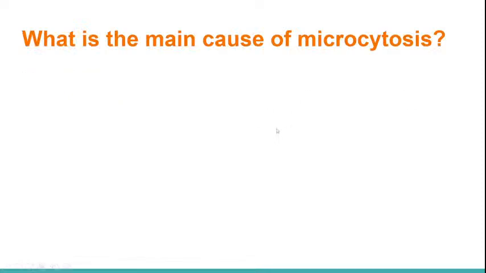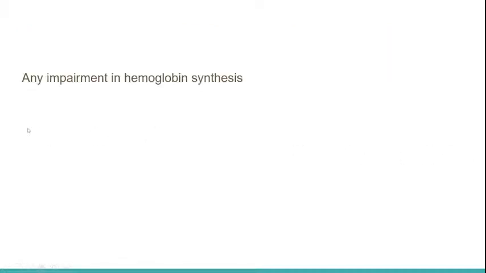It's less than 6 to 7 micrometers. Now, the common cause of microcytosis is, of course, impaired hemoglobin synthesis. There's just one cause, impaired hemoglobin synthesis. So it's easy, guys, right?